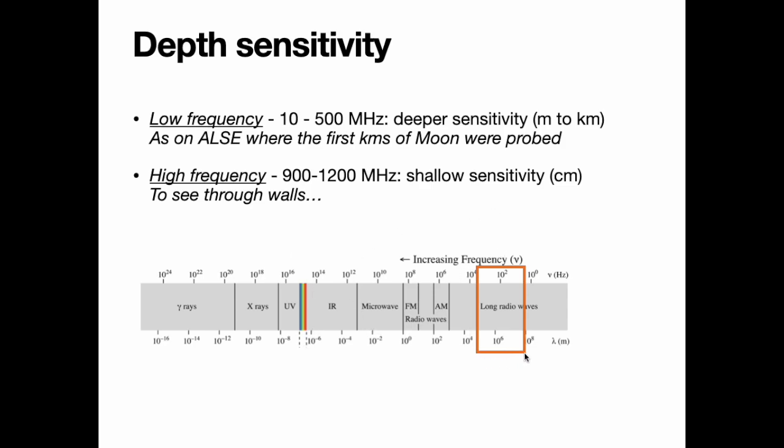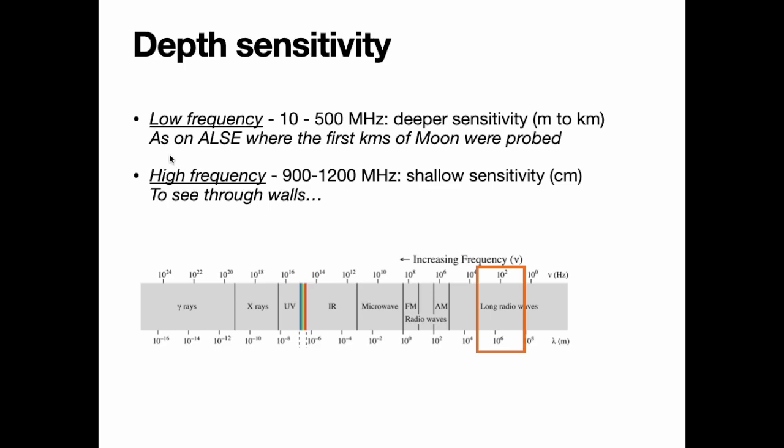So we are somewhere into this range of values, and the lower frequency waves, within 10 and 500 megahertz, are sensitive to depth, from the meter scale to the kilometer scale.